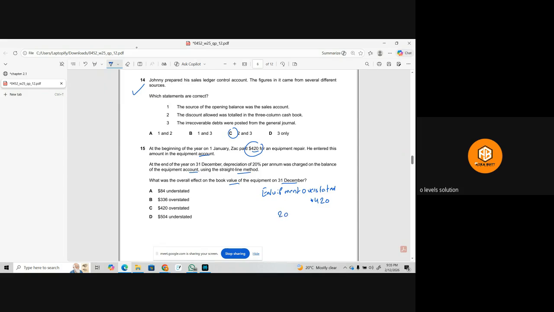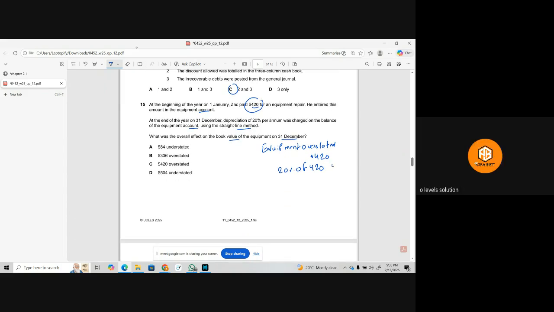What is 20% of 420? It is $84. So depreciation is overcharged by $84, and it is reducing the book value by $84.